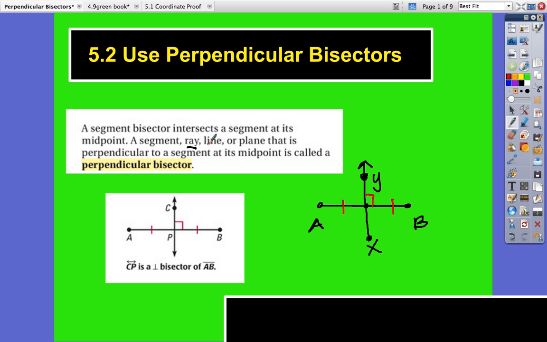We could have a line or a plane. So a plane may look like, we have our segment AB. And a plane is, remember, kind of like a piece of paper.